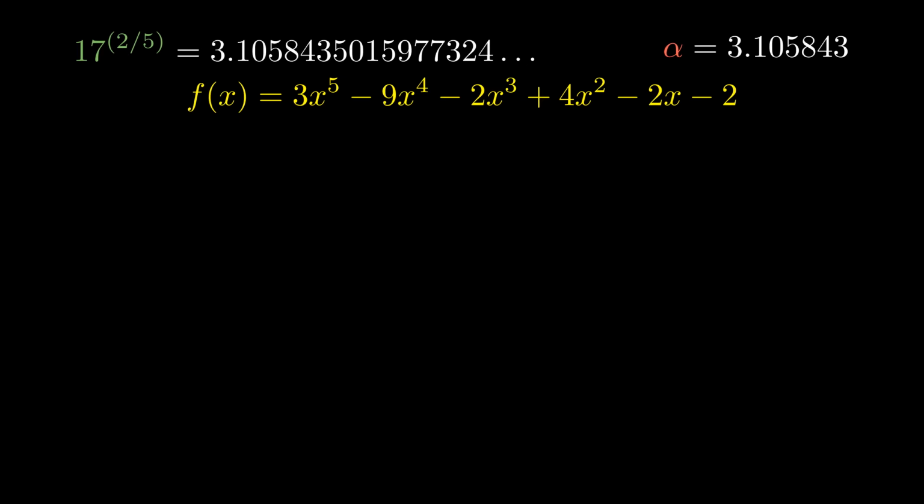Hold on. That's not the minimal polynomial of 17 to the 2/5. By design, we can pretty much read off the minimal polynomial of 17 to the 2/5 as x to the 5th minus 17 squared. So where did we go wrong?